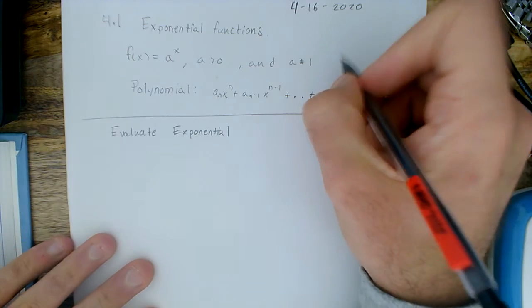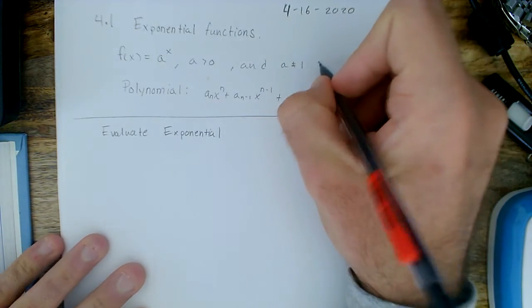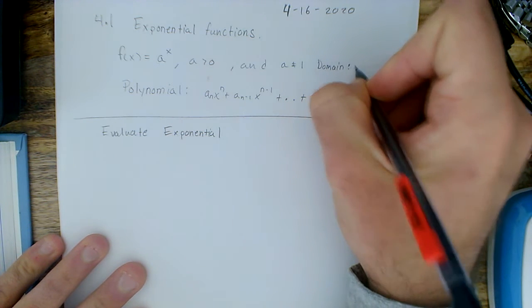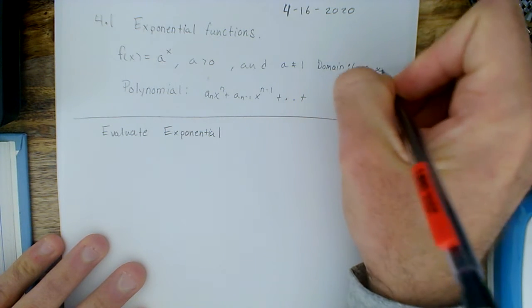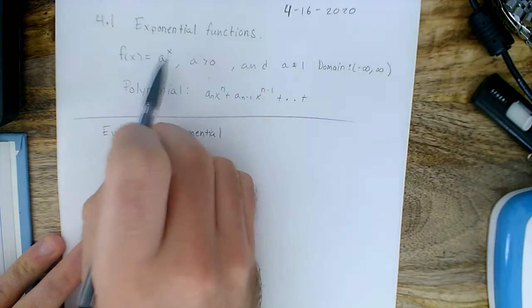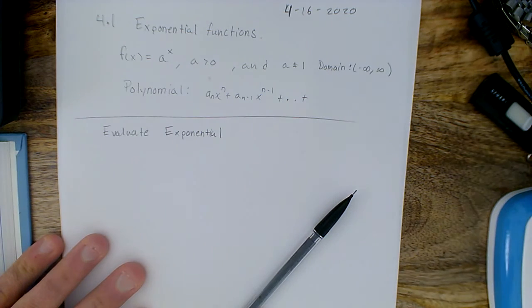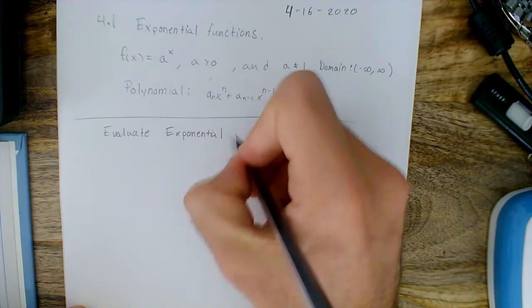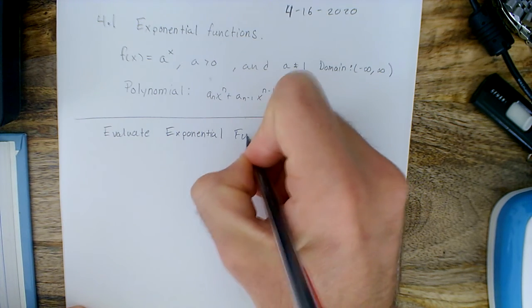So its domain, I should add, is negative infinity to infinity. You can put any x in here and you will not have a problem. Alright, so evaluating exponential functions.